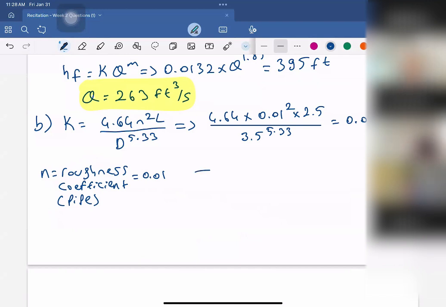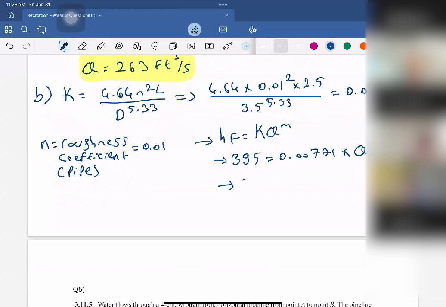And using the same equation, which gives 395 is equal to 0.00771 times Q over Q of 2. And here Q is equal to 226 CFS or cubic feet per second.